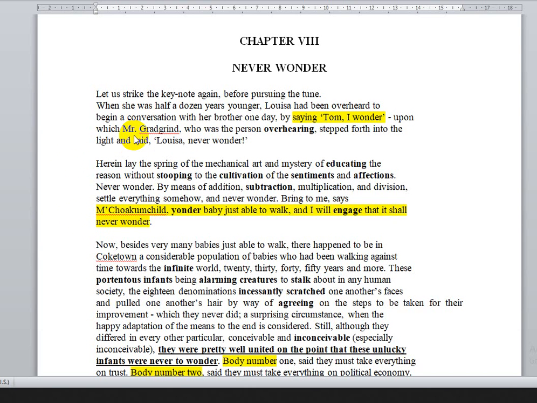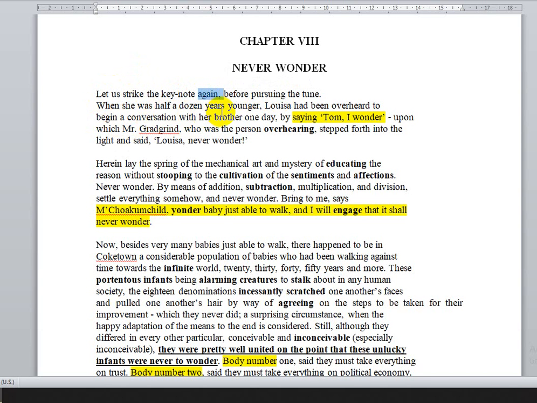So we begin in Gradgrind's house, the setting of the chapter. The keynote again, the beginning. Let us track the keynote again before pursuing the tune.